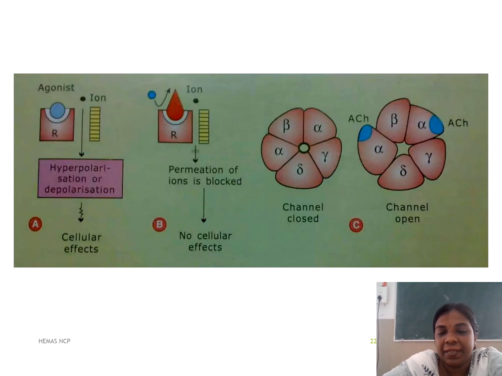Depolarization means the inside of the cell becomes less negative, usually caused by sodium influx, calcium influx, etc., and that may lead to excitation. Hyperpolarization means the inside becomes more negative, usually caused by Cl minus influx or K plus efflux, leading to inhibition. And in the second diagram, B, a channel blocker prevents ion entry.